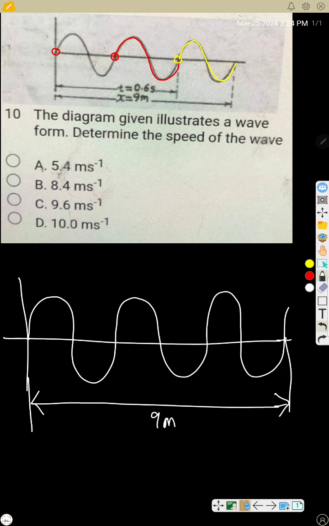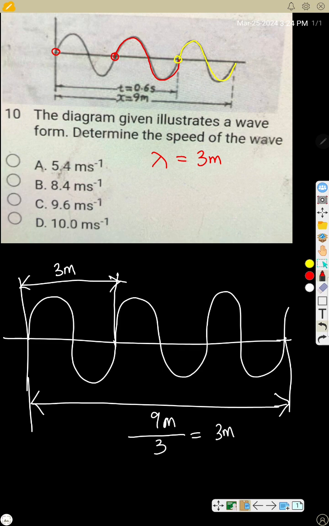So we need to know one cycle. The distance for one cycle is just from here to here, and that is 3 meter, because total 9 divided by 3 cycles is equal to 3 meter. That means one cycle here is 3 meter. So we already know lambda. Lambda is 3 meter.